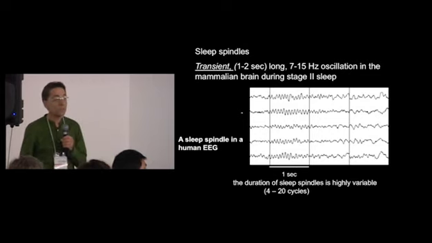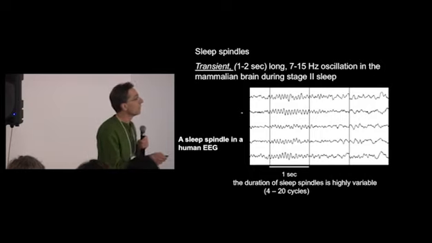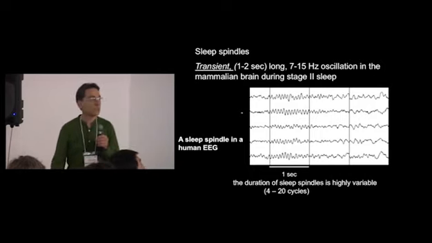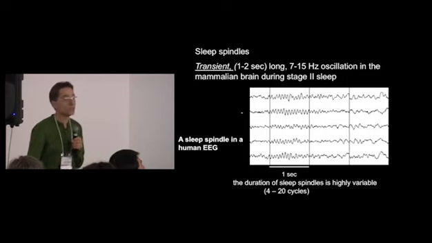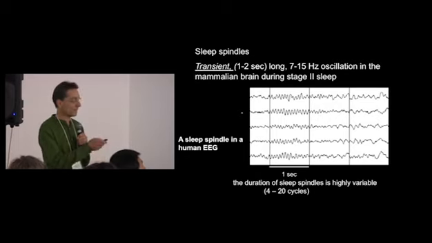So the questions we will tackle are linked to sleep spindles. Sleep spindles are one of the most studied cell assembly activities in the brain. The most important feature is that it is transient.